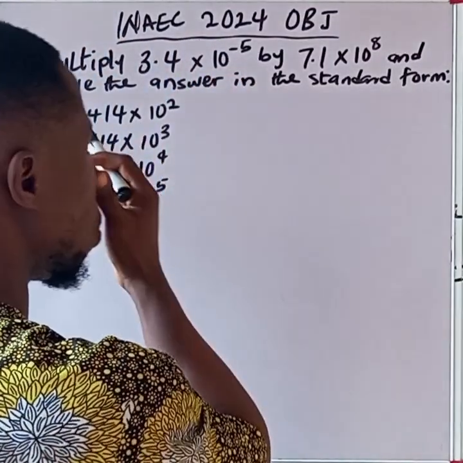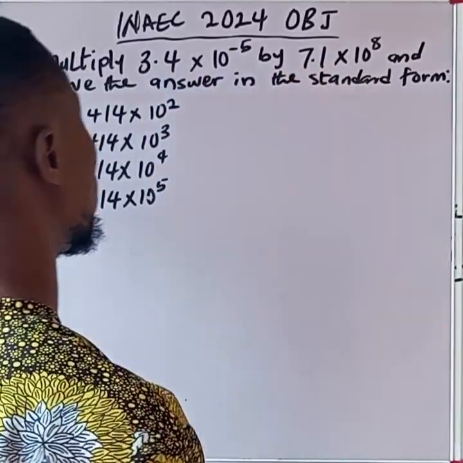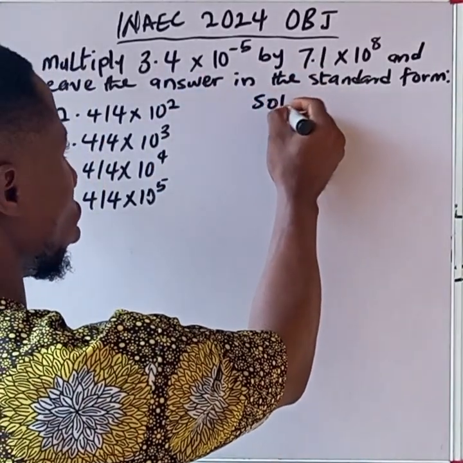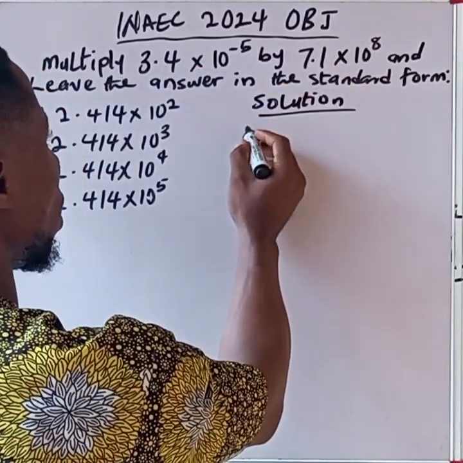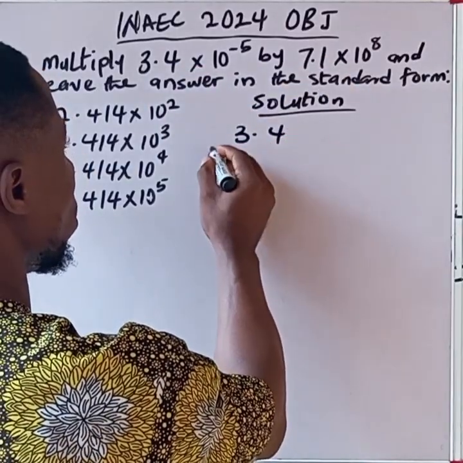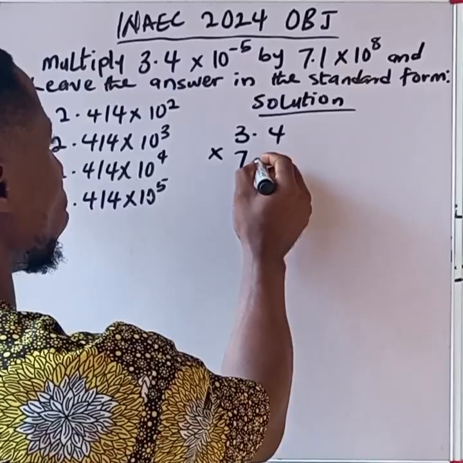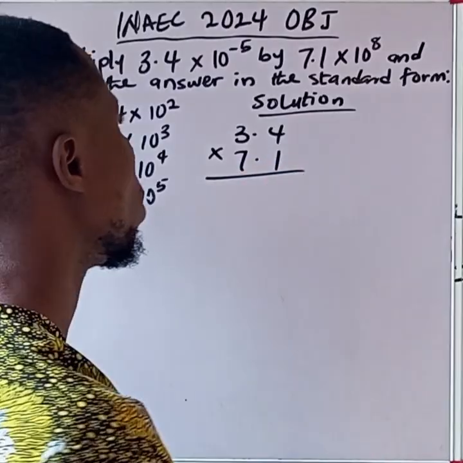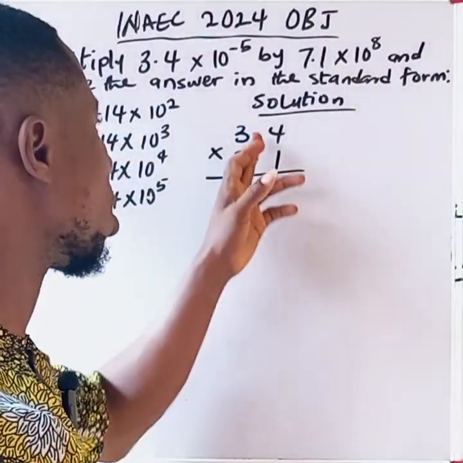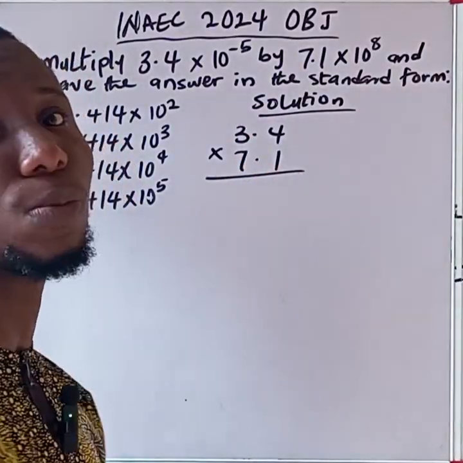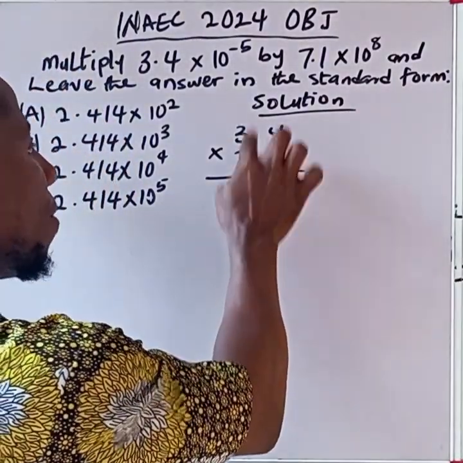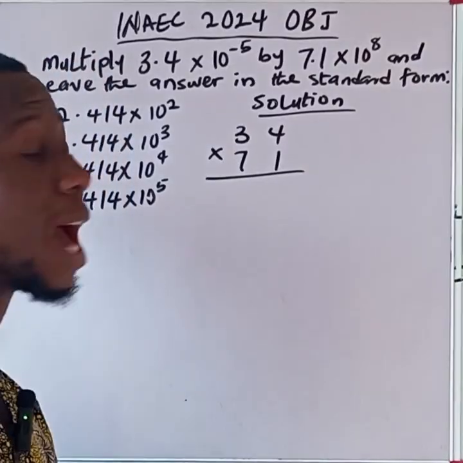Let me write the solution. We have to multiply the coefficients, which is 3.4 times 7.1. What we need to do first is forget about the decimal and multiply straight.